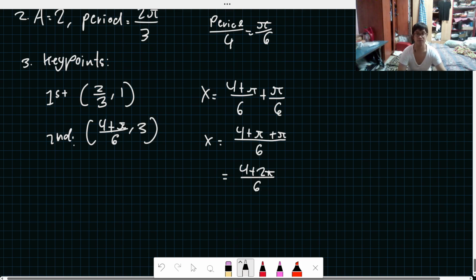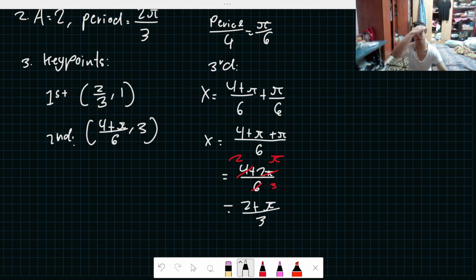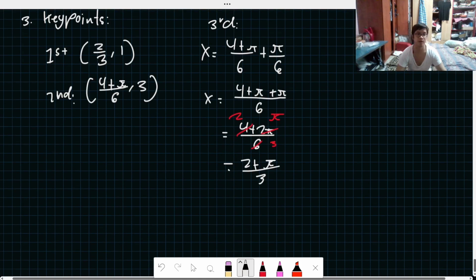And here we can simplify it because all the terms here are divisible by 2. So 4 divided by 2 is 2, 2 pi divided by 2 is pi, and 6 divided by 2 is 3. Therefore you have 2 plus pi all over 3. That is your x value for your third key point.